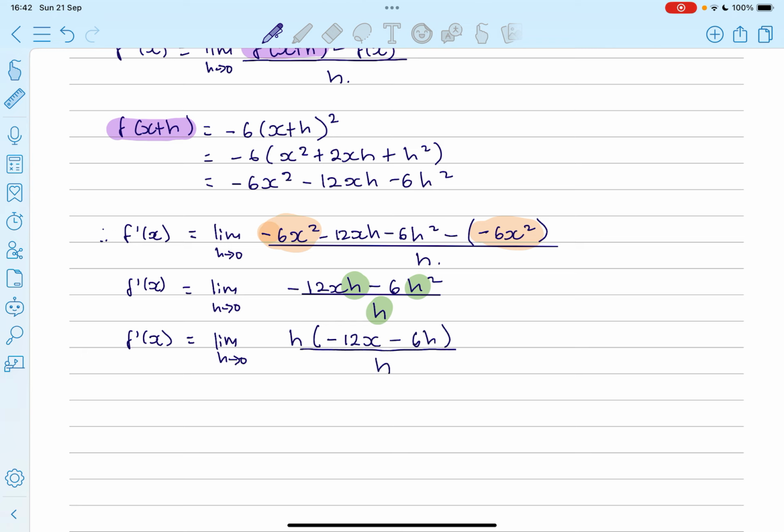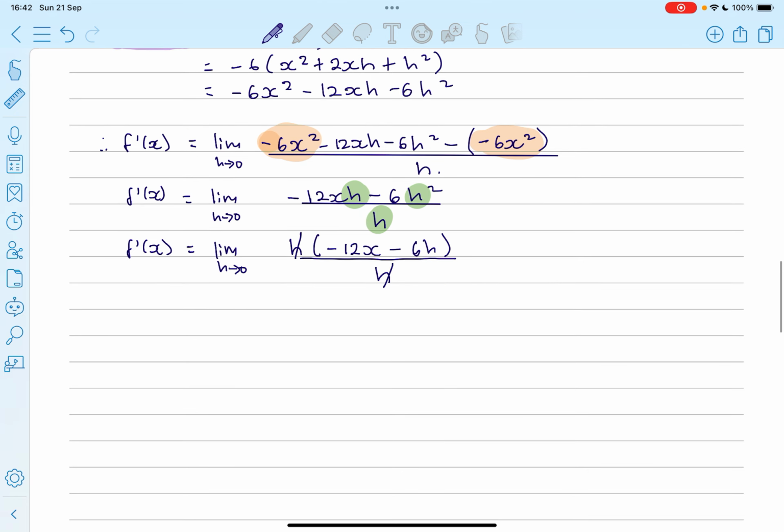And in the denominator, we have h. Now, these h's cancel each other. So, thus we are left with the limit as h approaches 0. And here we just have negative 12x minus 6h.